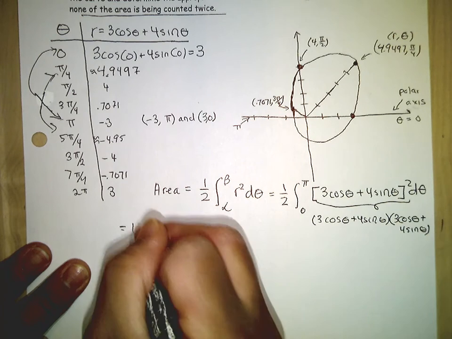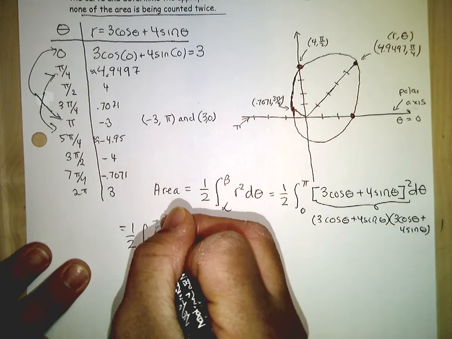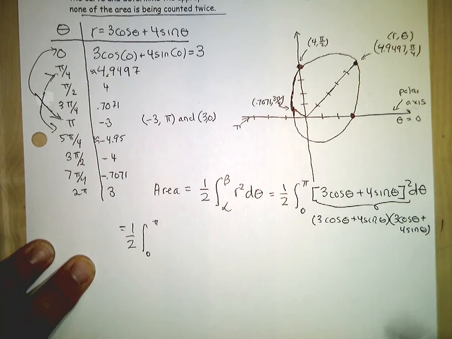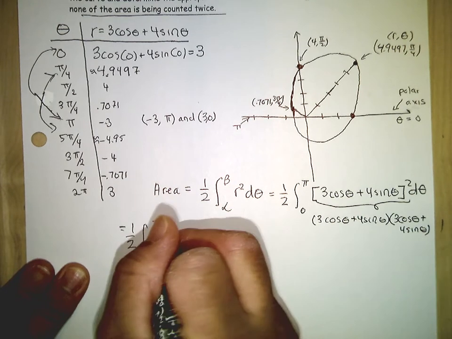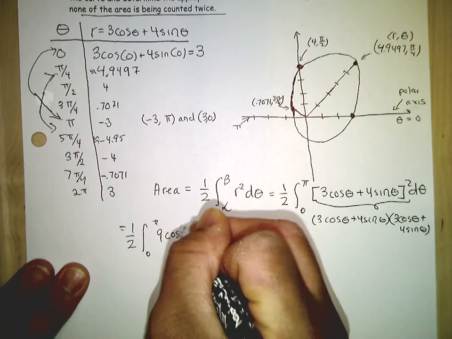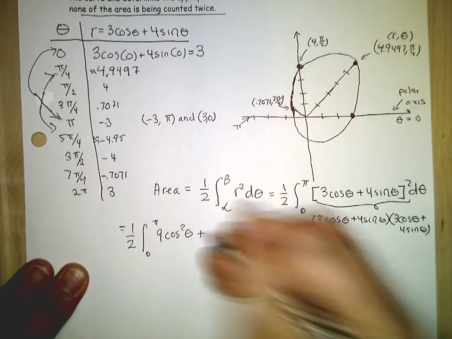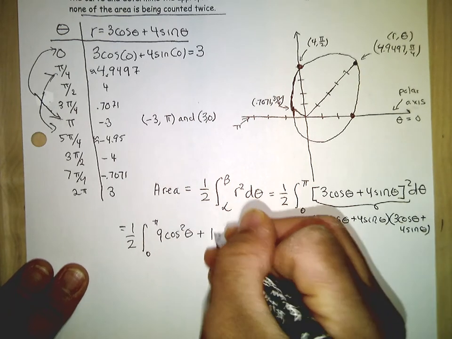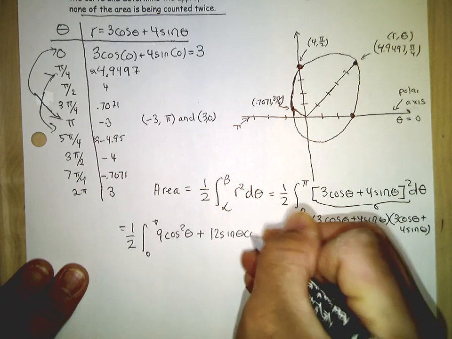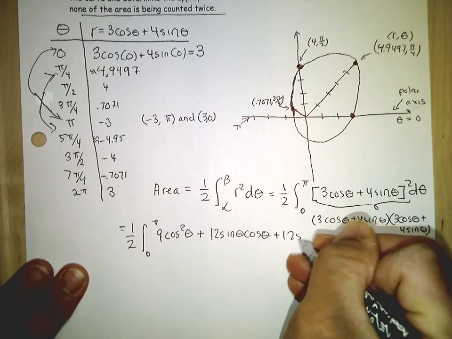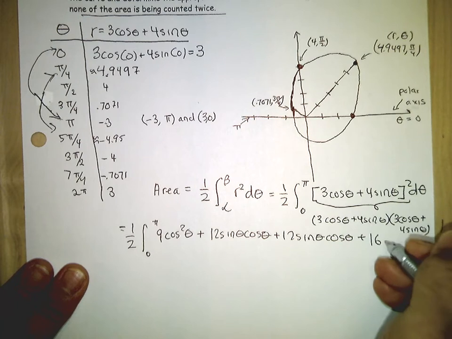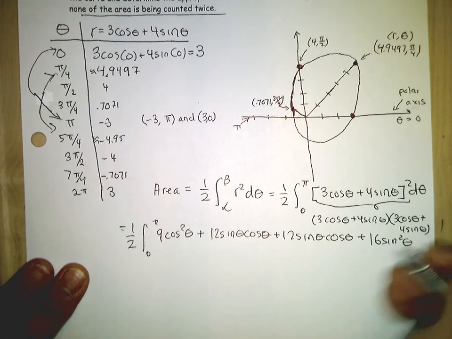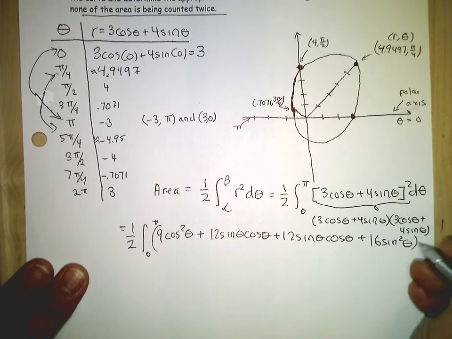And I get 1/2 integral from 0 to pi. What do I get? 9 cosine squared theta plus 12 sine theta cosine theta plus 12 sine theta cosine theta plus 16 sine squared theta d theta.